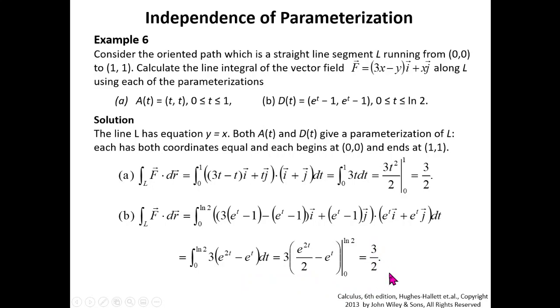So the goal is to find the easiest way to parameterize something, because it makes the calculations shorter for us, and it's going to give us the same answer as if we use a more complicated parameterization.